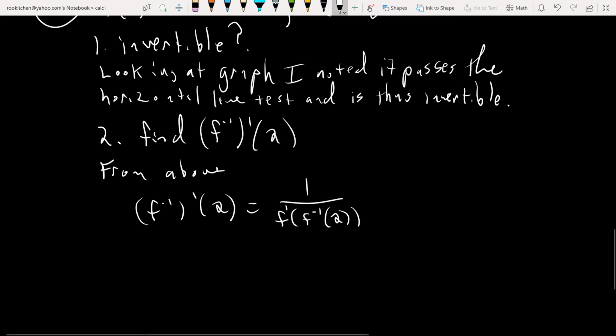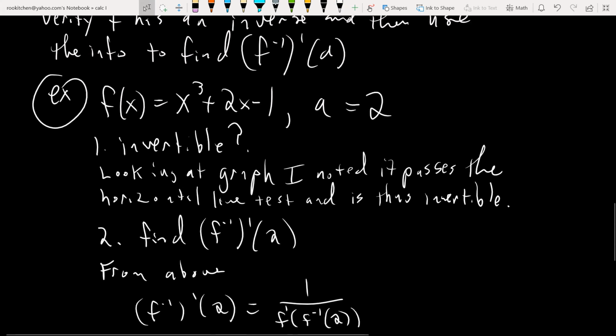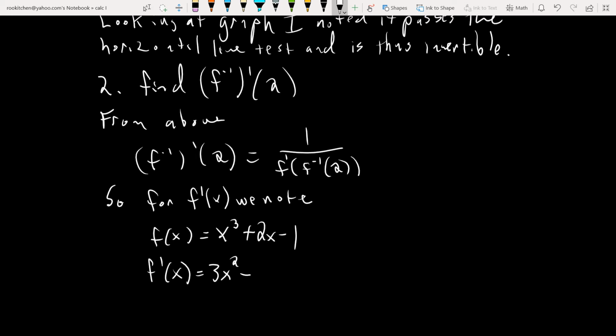For f prime, it's easy to get. If f of x equals x cubed plus 2x minus 1, then f prime of x is going to equal 3x squared plus 2. That's just taking the derivative.